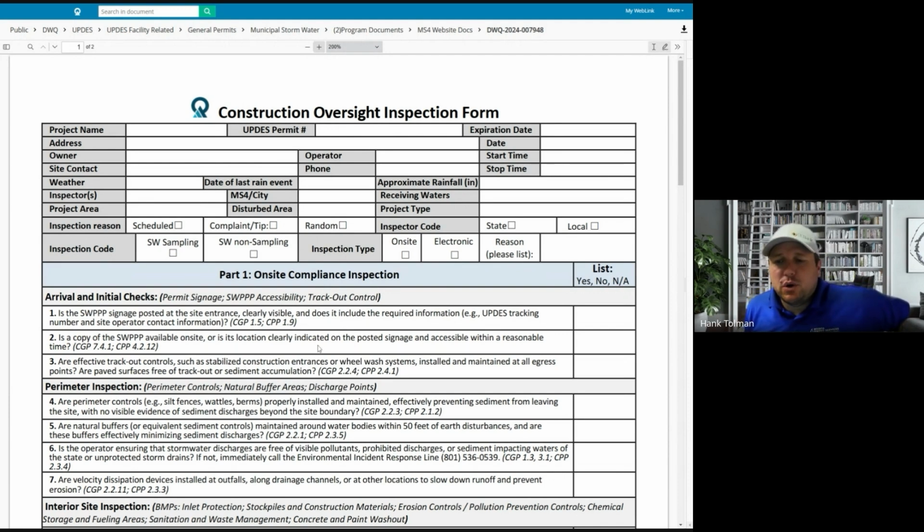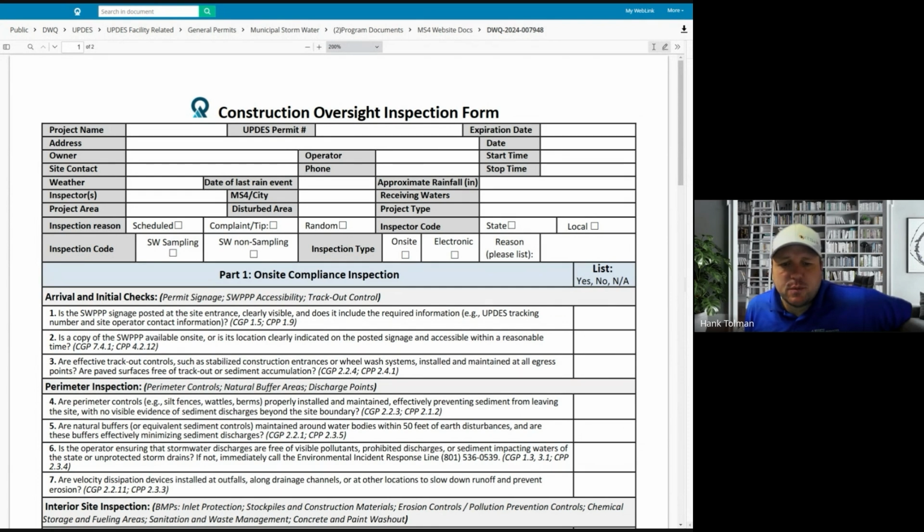And so they'll try and find a way to not drive over that. They're not really helping out their general contractor much when they do that, but they're going to try and find ways to get around it. So if there are other open areas where people can egress from, they either have to be blocked off or they have to have stabilized construction entrances if they are going to be using those.